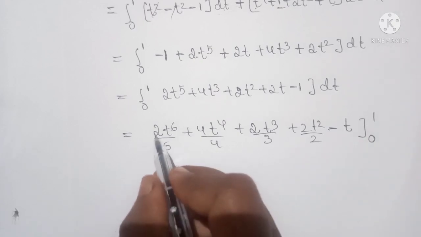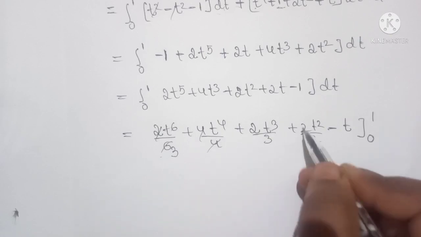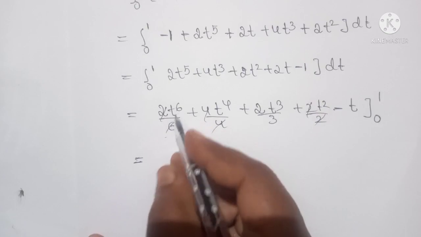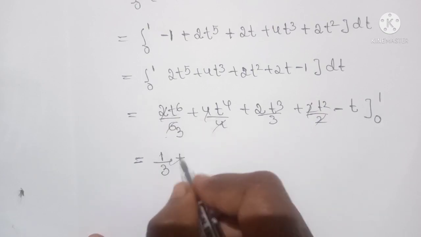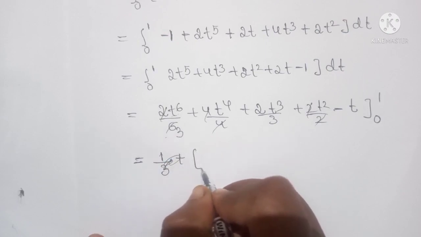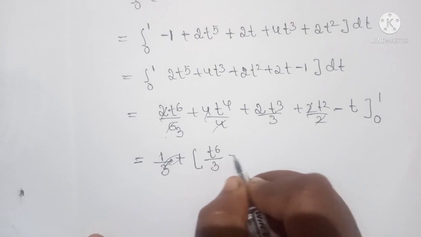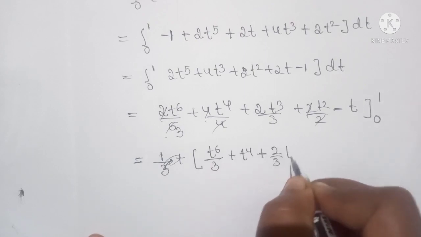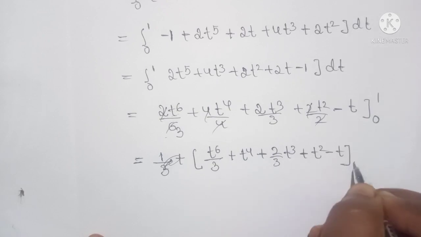Okay, now we simplify this one, so 4 cancels, 2 cancels, thus applying the upper limit we get here 1 by 3, or first you can write this in simplified form. So here we have t power 6 by 3 plus t power 4 plus 2 by 3 t cube plus t square minus t, and the limits are 0 to 1.